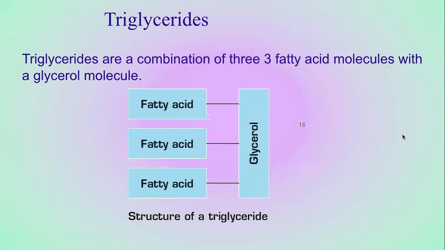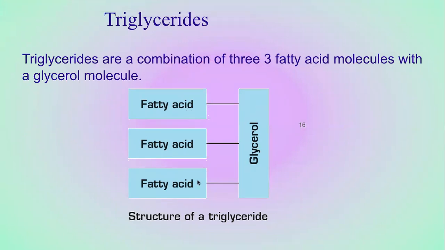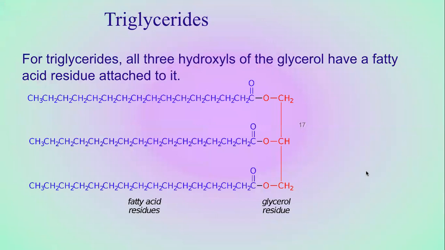Triglycerides are a combination of three fatty acid molecules with a glycerol molecule. So this is a very basic structure. The tri means three. And so we have three of those fatty acid molecules that we just saw, and they are bound to this glycerol, what we call a backbone. You can kind of think of it like an E structure.